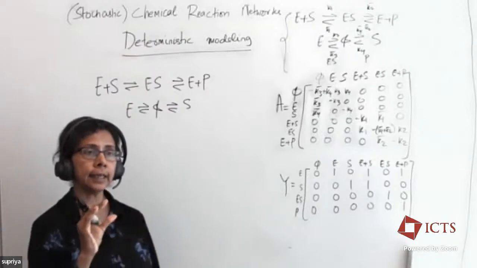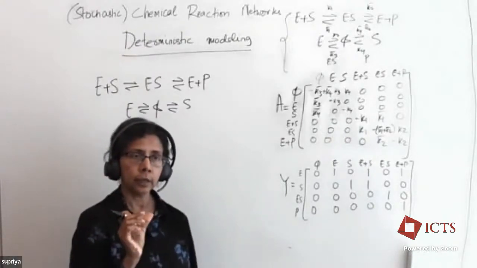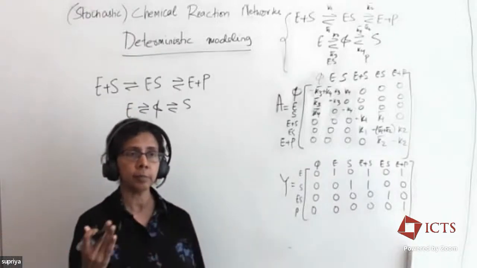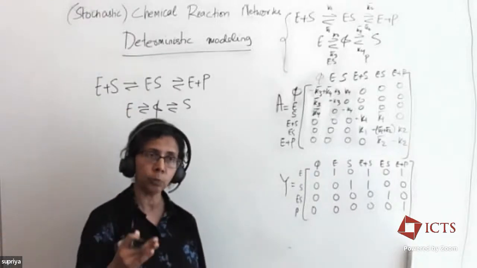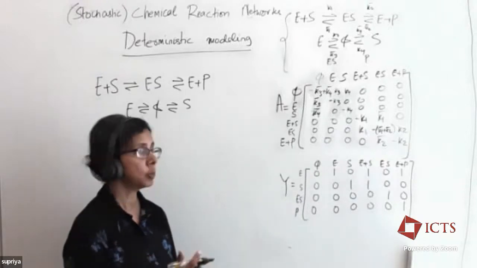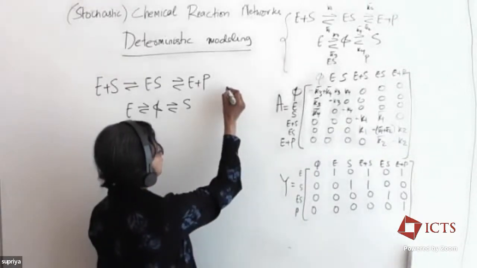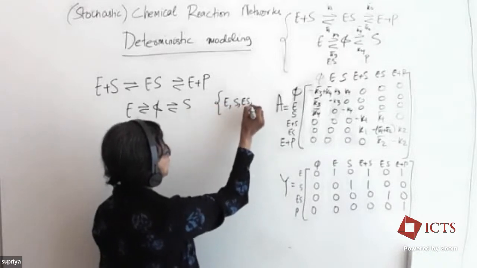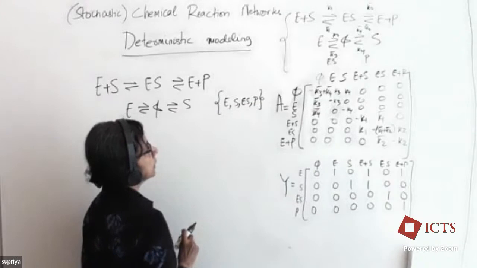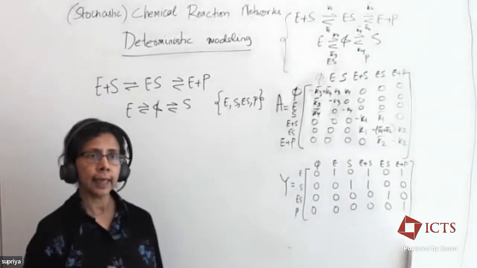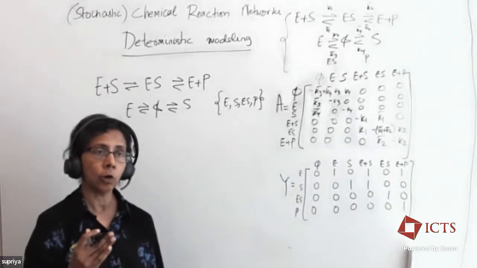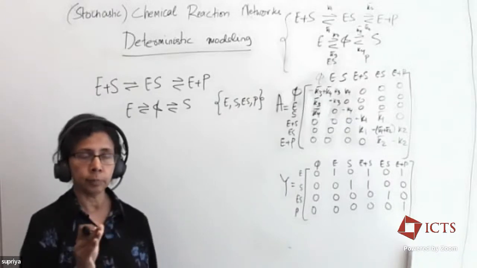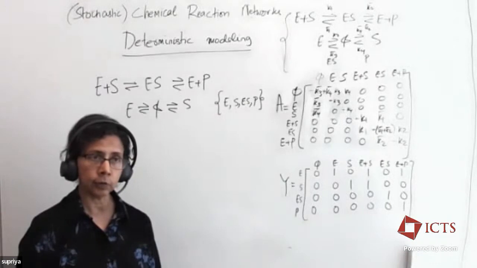Now for every reaction, remember how I said that the species can be thought of as a column vector. There are 4 species in this problem, which are E, S, ES, and P. So we can have a column vector with 4 rows, and a 1 in each row in the appropriate place defines for you the species.